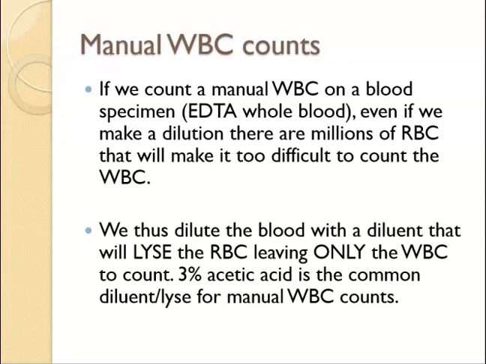And we can use a 3% acetic acid as a diluent and a lyse agent to lyse those red blood cells and get them visually out of the way. So we are just looking mainly at our white blood cells to make them a little bit easier to count because we're not trying to look through all those red blood cells to find our white blood cells.